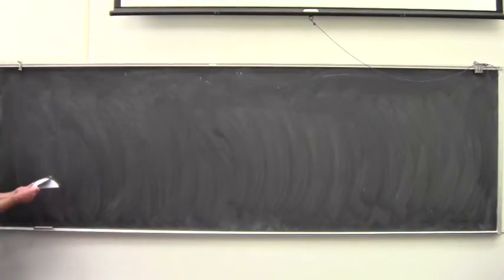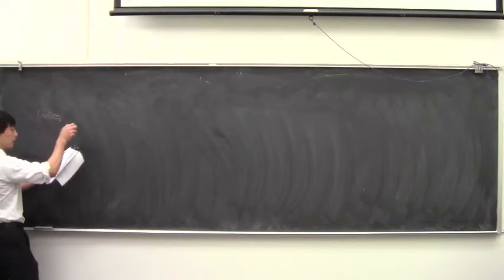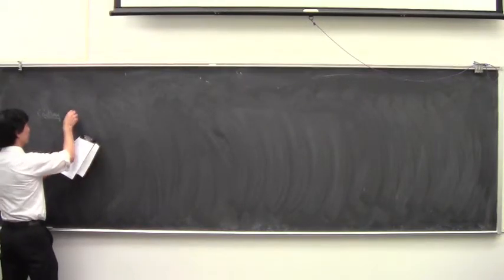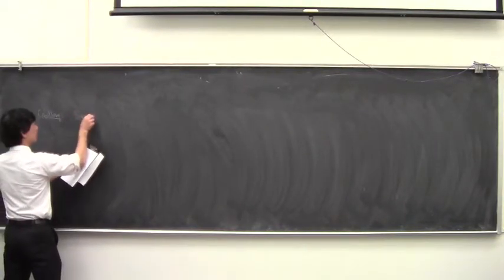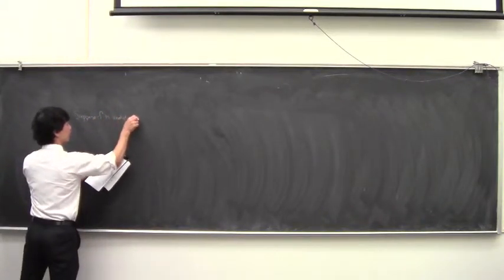Okay, so maybe I'll have you do an exercise. This is a corollary. Something for you to think about for a few minutes. Suppose f is analytic at z0.